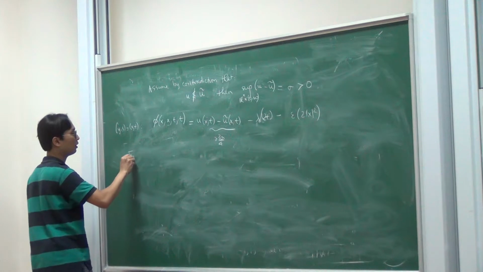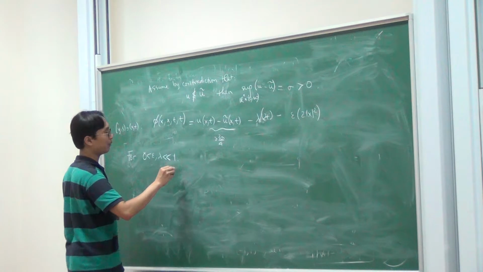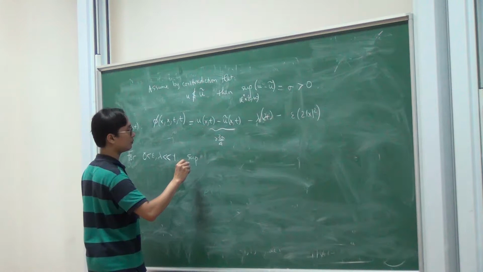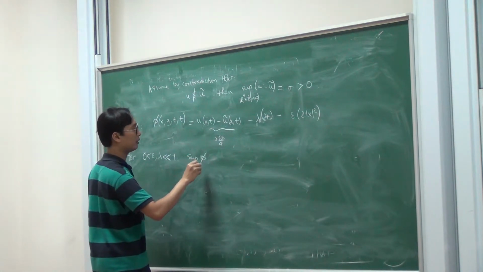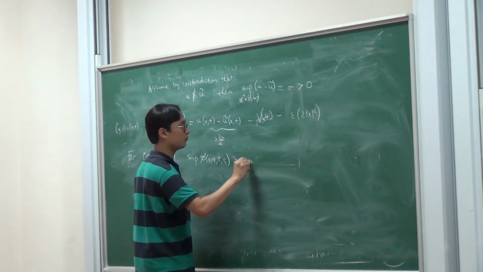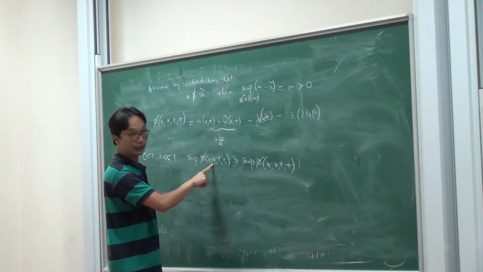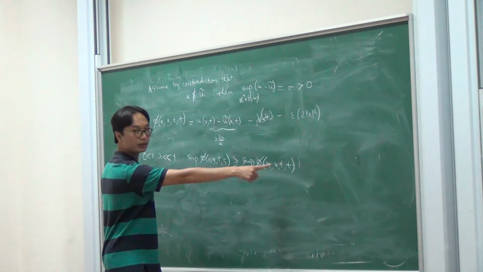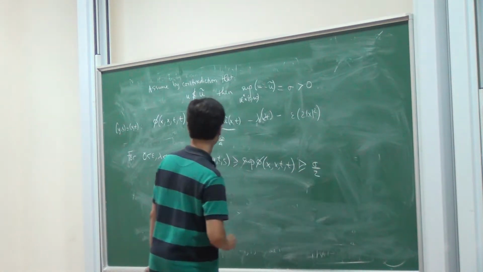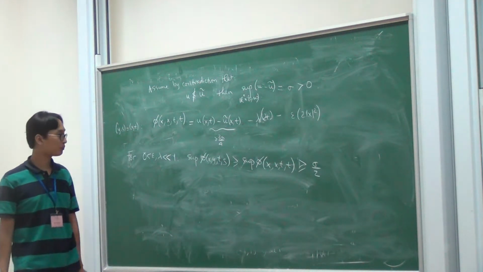So for 0 less than epsilon, lambda very small, I'm going to have that supremum of phi x, y, t, s is going to be greater than or equal to the supremum of phi x, t, t, because I have more room to vary here compared to fixing it. So it's going to be greater than or equal to sigma over 2. In other words, the supremum of this one is going to be greater than sigma over 2.